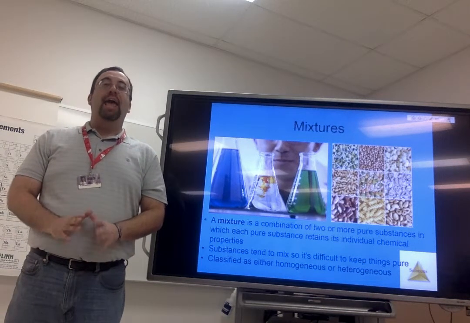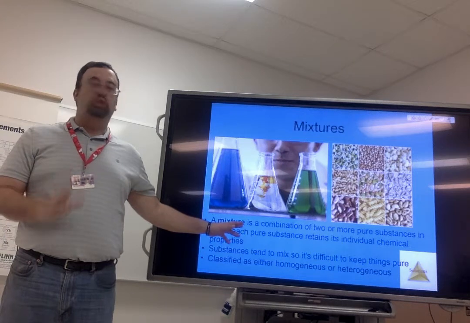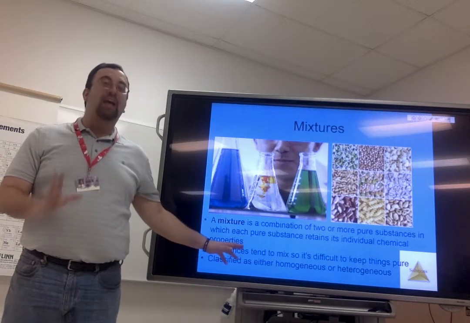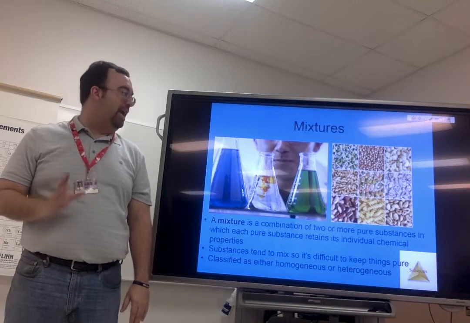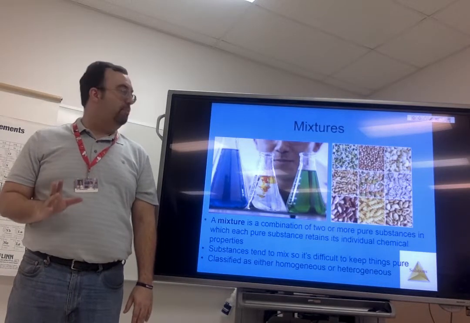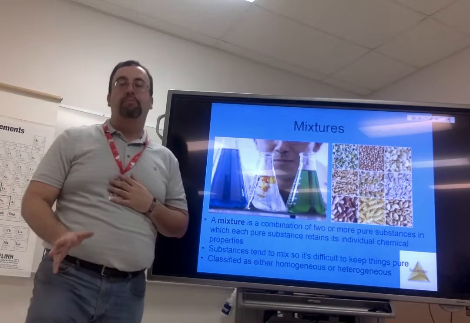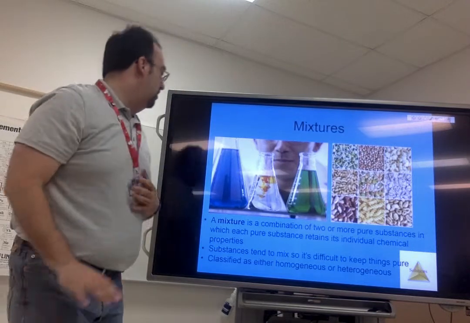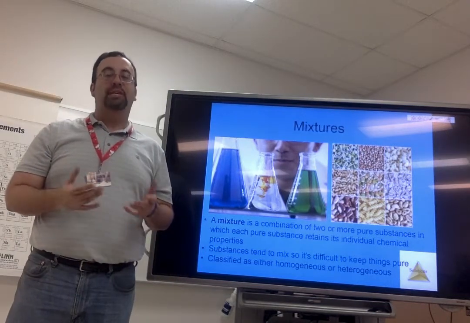We're going to define a mixture as a combination of two or more pure substances in which each pure substance retains its individual chemical properties. Typically, substances tend to mix, so it's difficult sometimes to keep them pure.